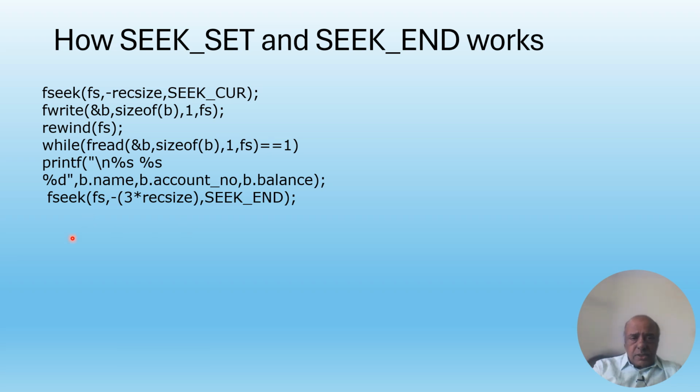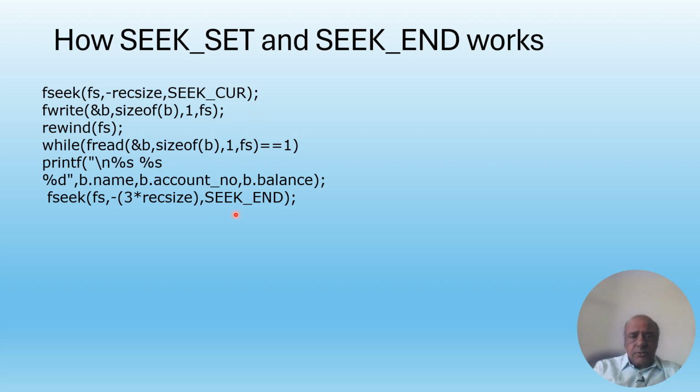Now we want to move the pointer 3 records backwards. That is, from the end of the file, we want to move the pointer to a record which is third from the end. So this seek end, here we used seek, the current position of the pointer.